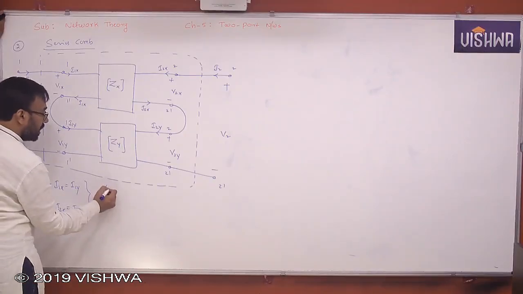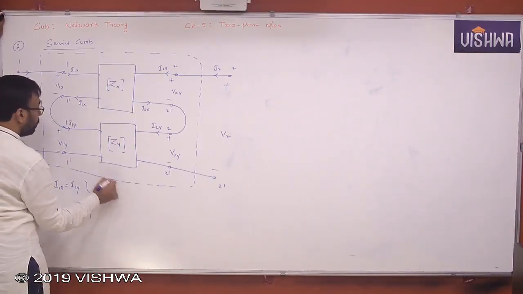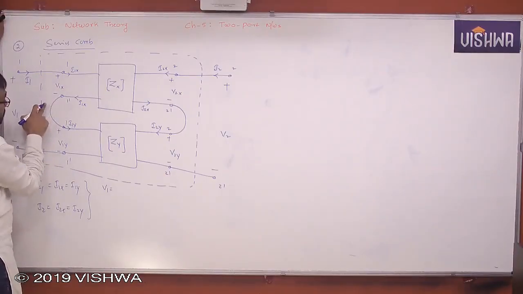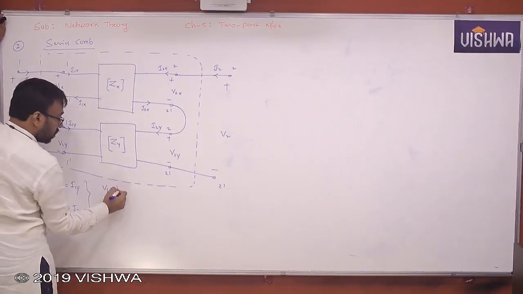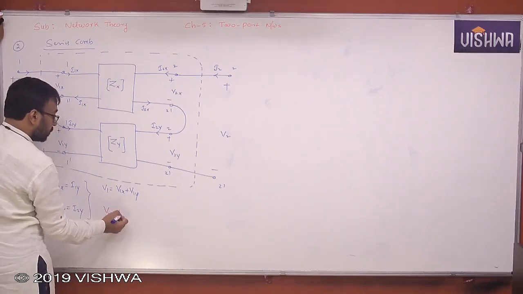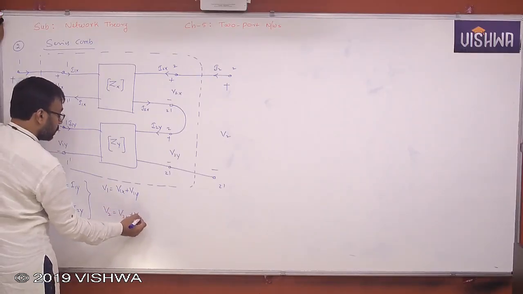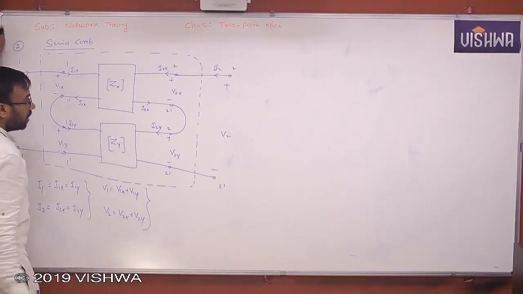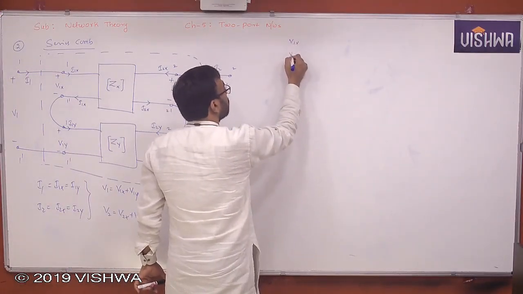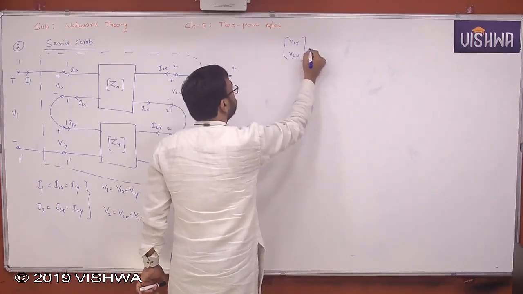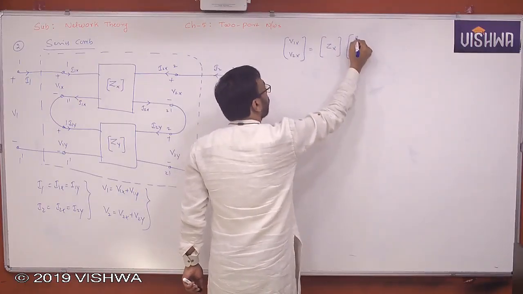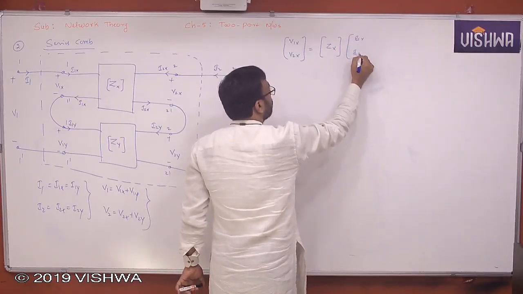Another one is, because we apply KVL, V1 is equal to V1x plus V1y. V2 is equal to V2x plus V2y. This is another relation. Now, if you write the equations of the first one, V1x, V2x is equal to Zx, I1x, I2x.